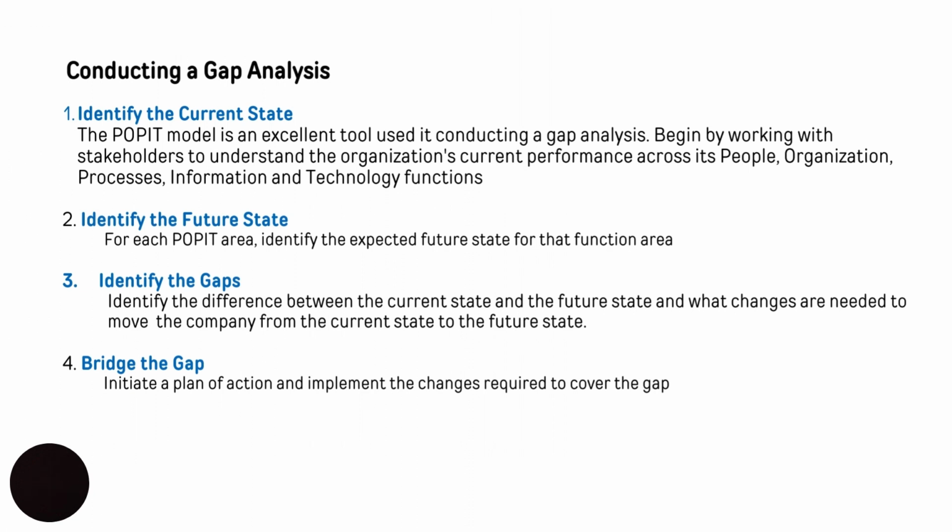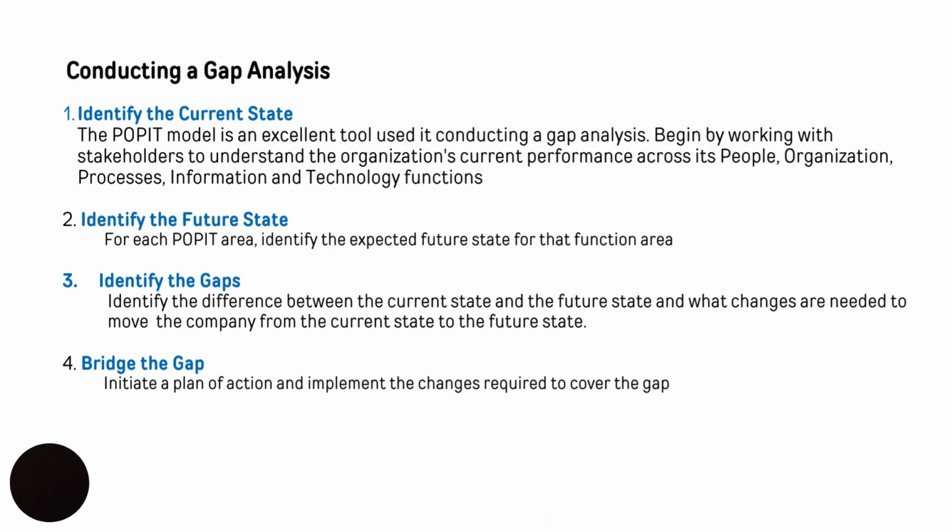After identifying the current state, then you move to the future state. So for each PUPPET area you are considering, identify the expected future state for that area. And then identify the gaps. In other words, identify the difference between the current state and the future state and what the changes are that need to be done to move from that current state to the future state.